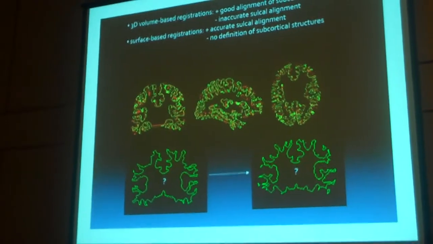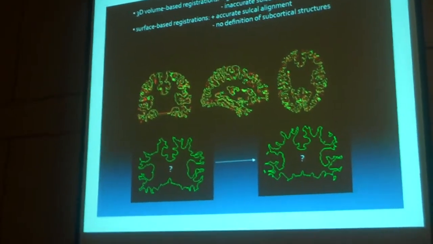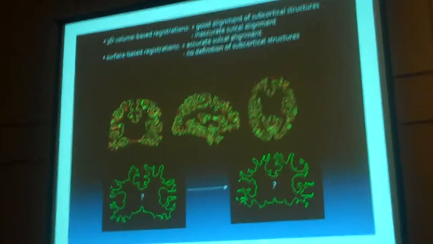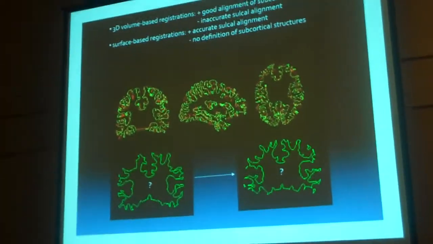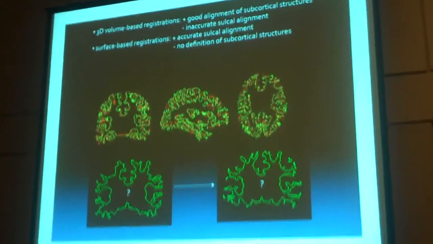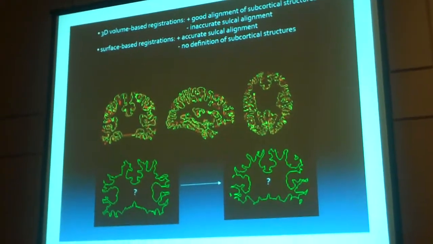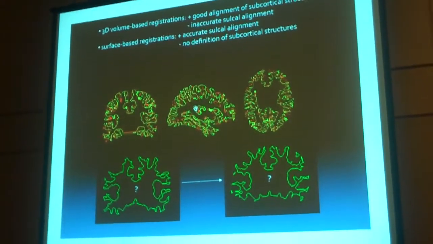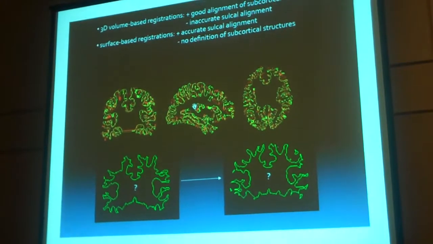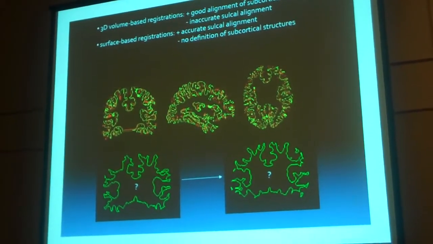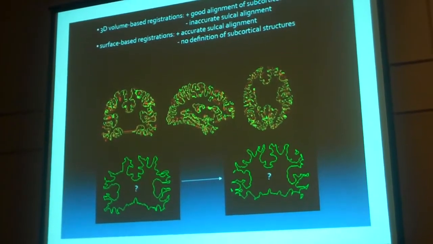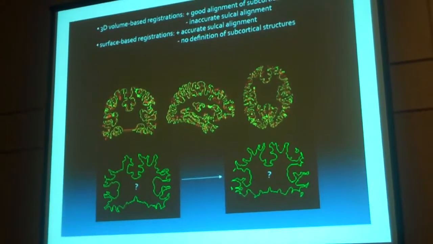Why this motivation? Because it is well known that 3-dimensional whole volume registrations do good alignment of subcortical structures, whereas they are not very accurate at aligning cortical structures, as you can see in the figure in the first row, which is a typical fluid registration where the internal structures are well aligned and the cortical structures are not so well aligned.